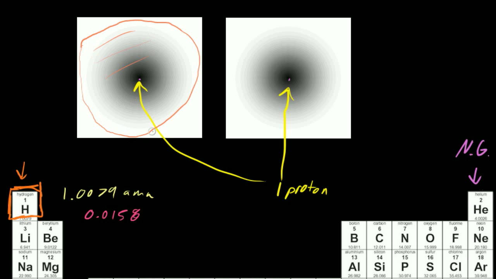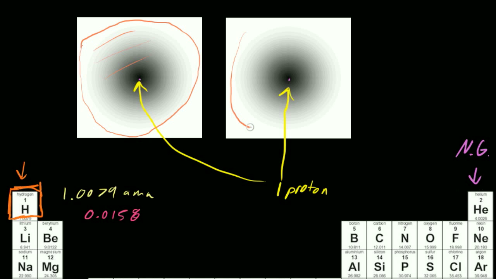But about this radius is going to be most of the probability. It's not 100% of the probability of where we could find an electron, but it's most of it. And this is our other hydrogen atom, and again, this whole boundary is most of the space where we might find our one electron in this hydrogen atom.